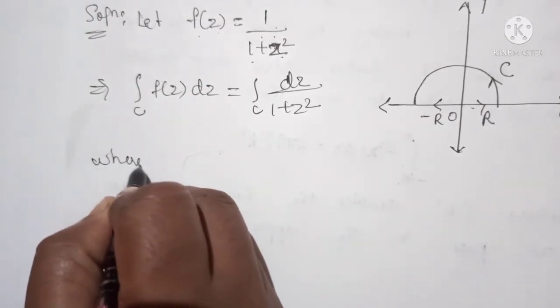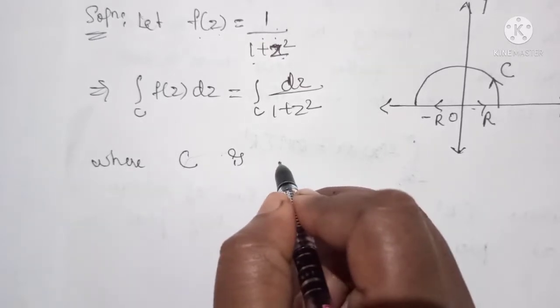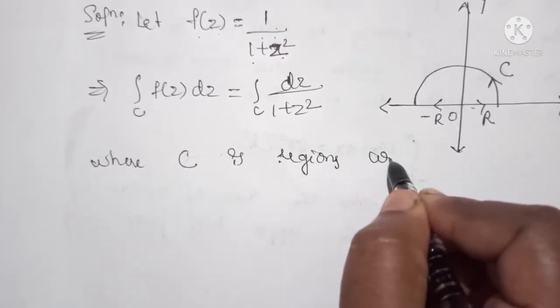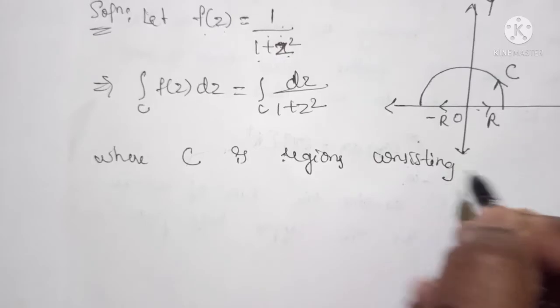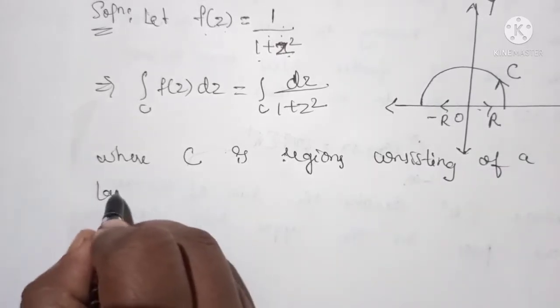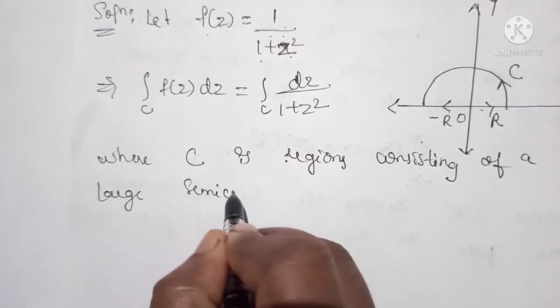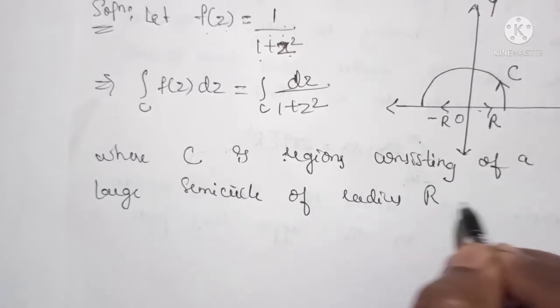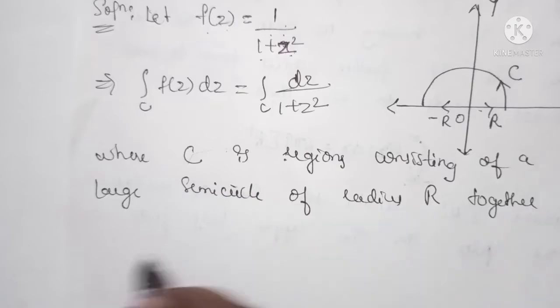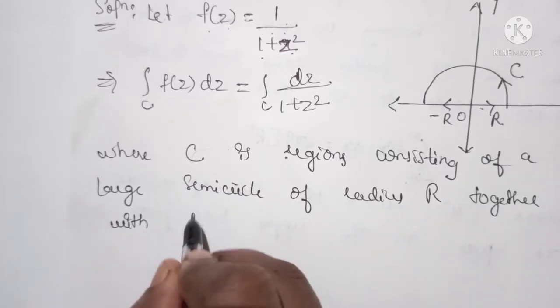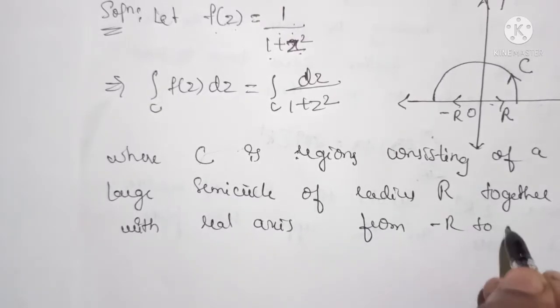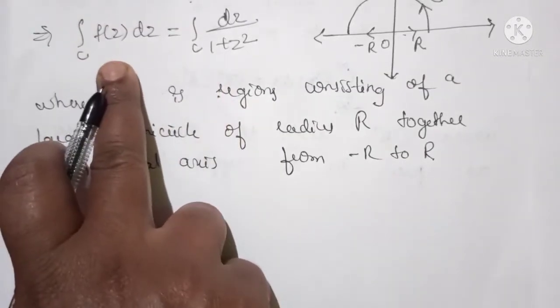where C is a region consisting of a large semicircle of radius R together with the real axis from minus R to R. Now this can be easily evaluated.